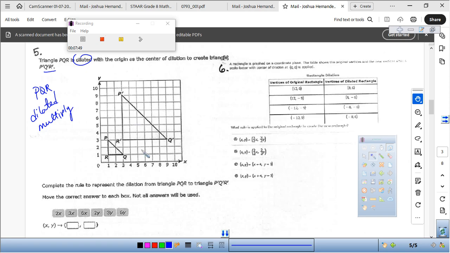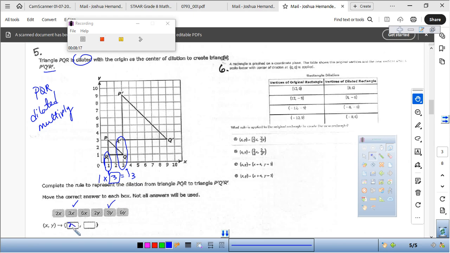Now, I like to keep it real simple. I'm going to look at the R x value and the R prime x value. This is based off of a multiplication. So what did I get? 1 times some magical number equals 3. Well, it's going to be 1 times 3, guys. So it's by 3x and 3y.